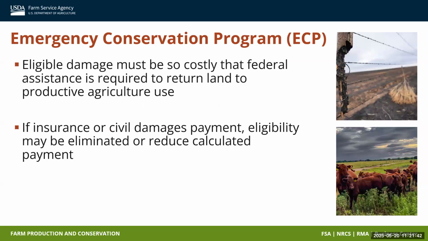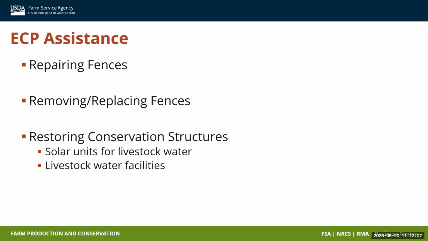So the ECP program's intent is to fix damage that's so costly that federal assistance is required to return the land back to a productive agricultural use. If insurance or civil damages would be available, the eligibility for this program might be eliminated.